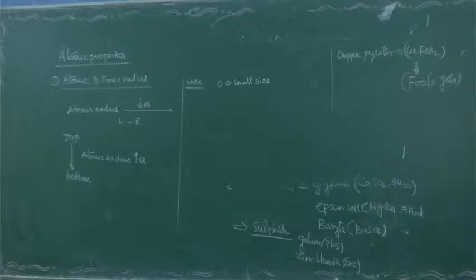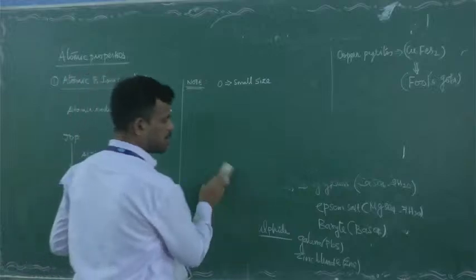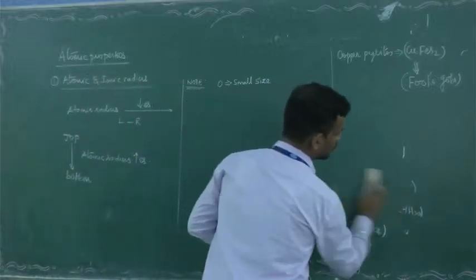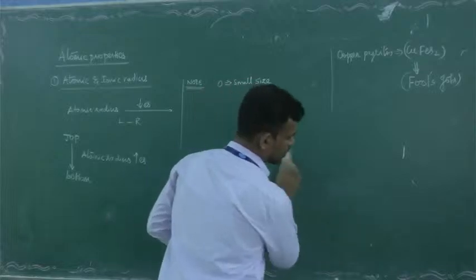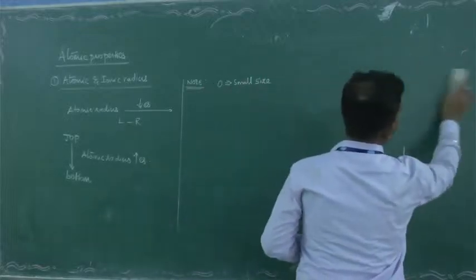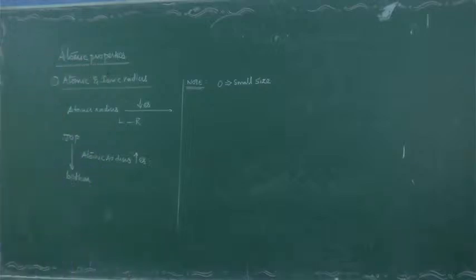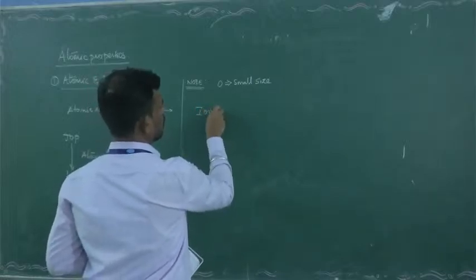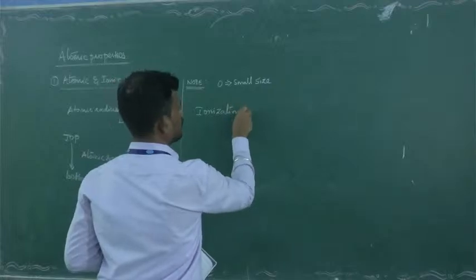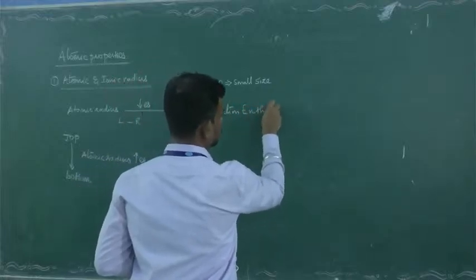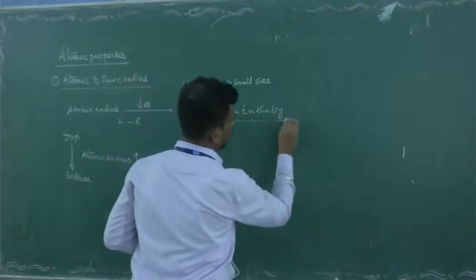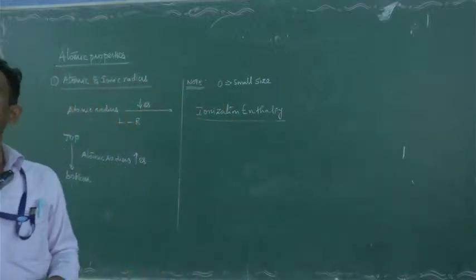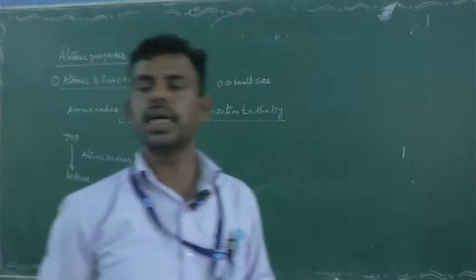Next, ionization enthalpy. The second atomic property is ionization enthalpy. Nothing special about this one. Ionization enthalpy you have to explain based on the electronic configuration.